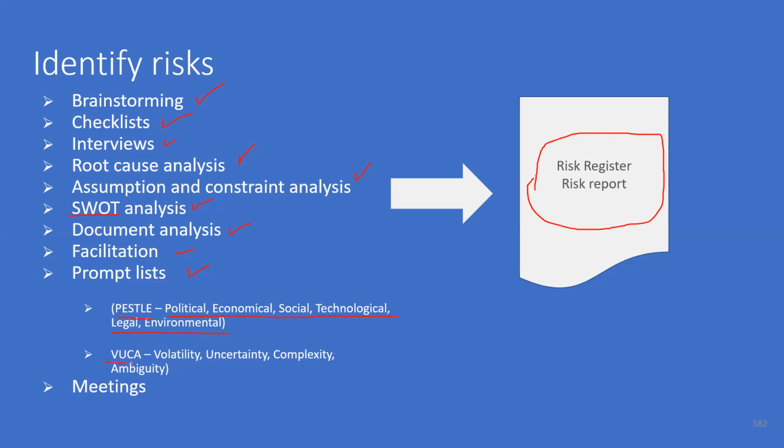Then we have VUCA, that is volatility, requirements volatility, uncertainty, complexity, and ambiguity. So this is slightly inward focused, whereas PESTLE is externally focused. PESTLE will help us to identify the risk external to the project, whereas VUCA will help us to identify the risk internal to the project. Then meetings are definitely another tool for identifying the risks.